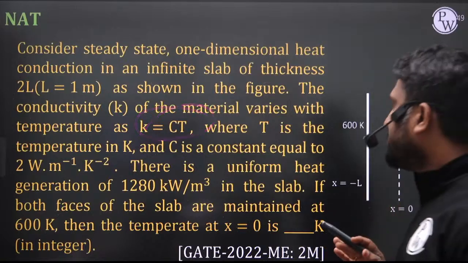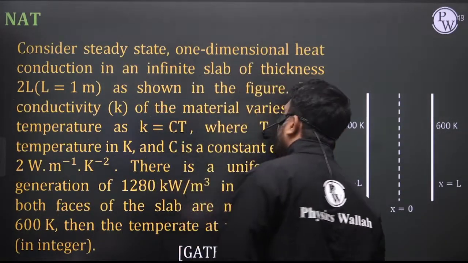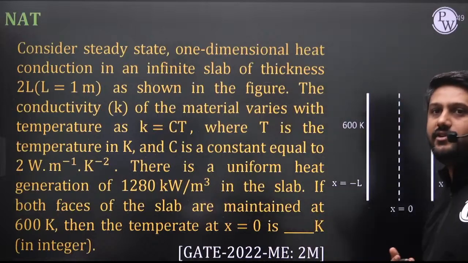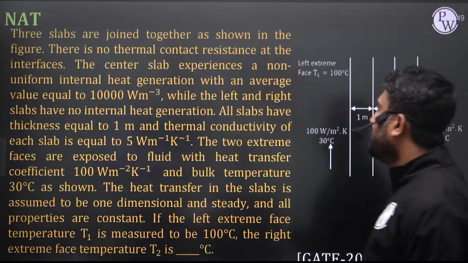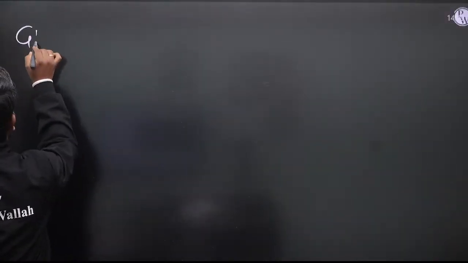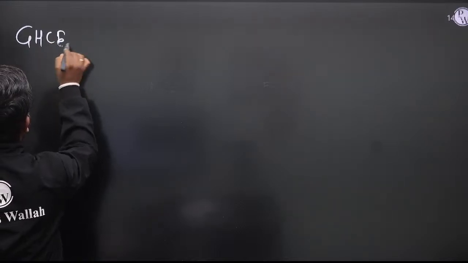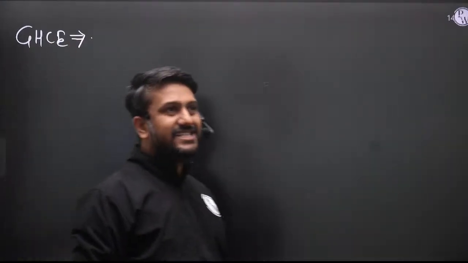So to solve this problem, start from our Brahmastra. And what is our Brahmastra? That is the general heat conduction equation. Whenever you get a non-standard problem, start from your Brahmastra, the general heat conduction equation in Cartesian coordinate system.